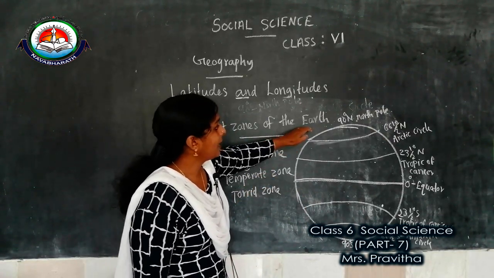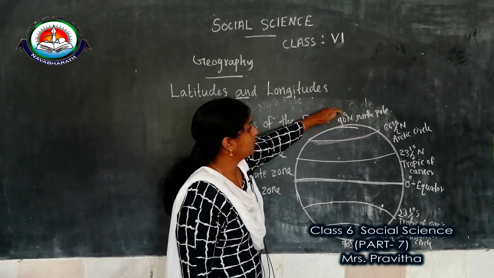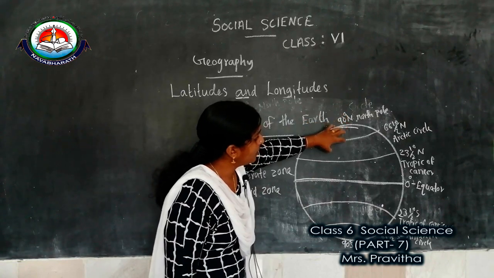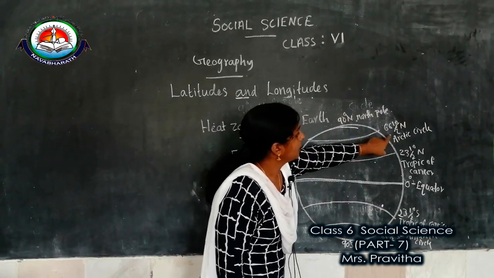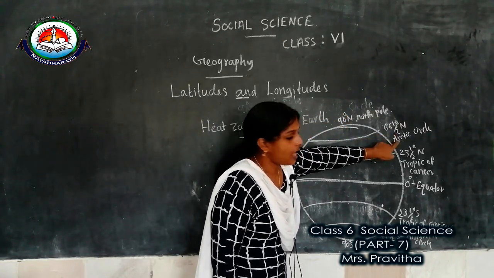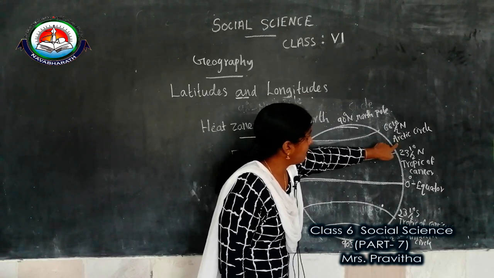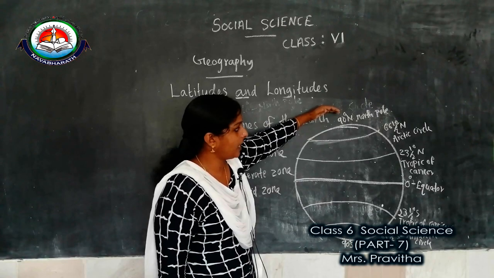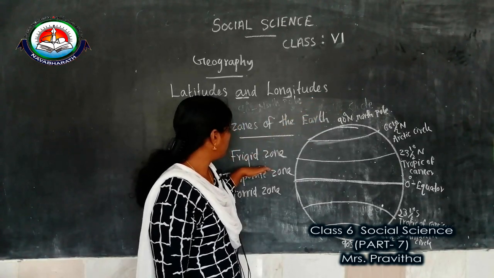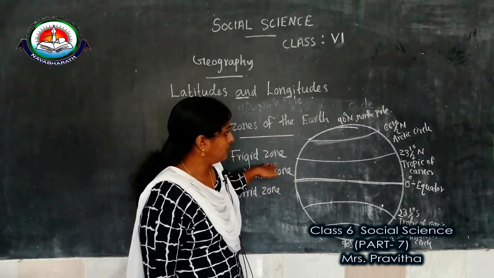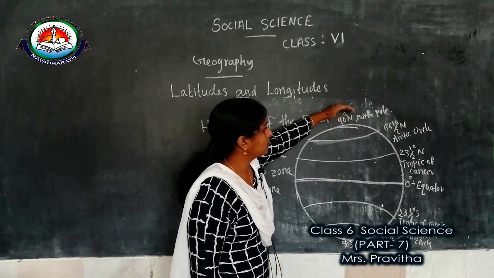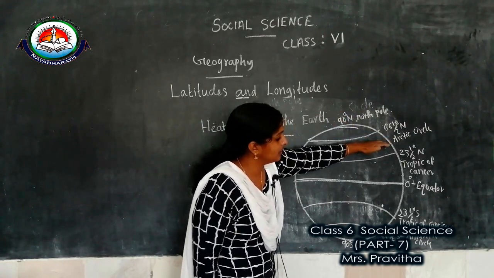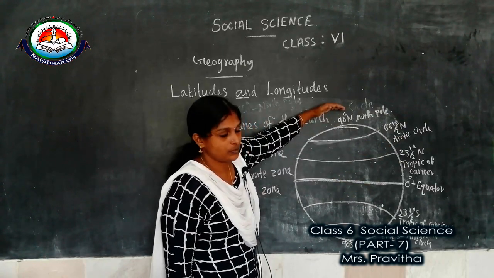The frigid zone lies between 90 degrees north, the North Pole, and 66.5 degrees north, the Arctic Circle, in the northern hemisphere.